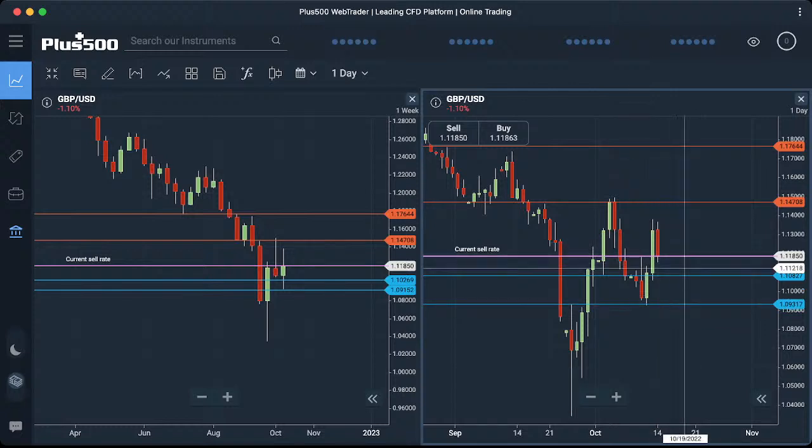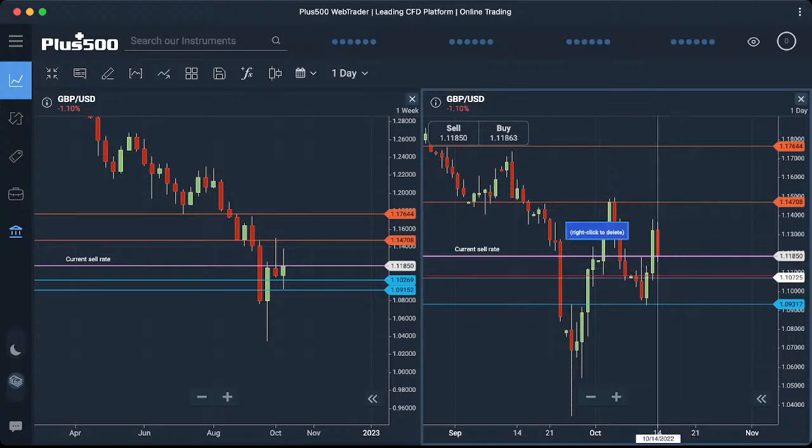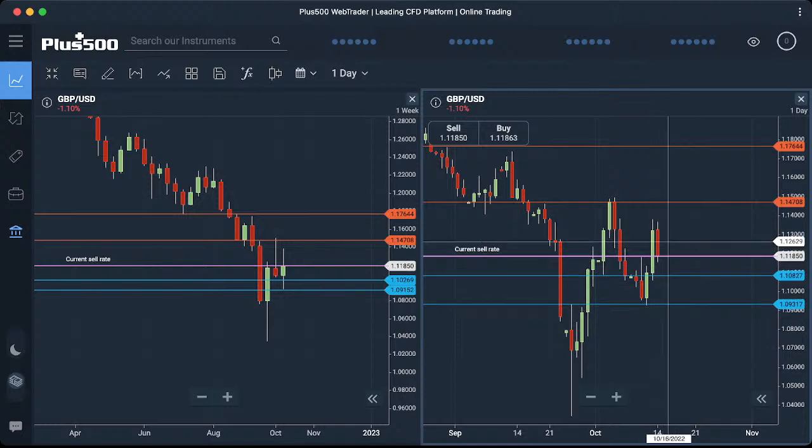So what we are aiming for at the beginning of the week is some kind of correction, manipulation phase to the downside, maybe to complete this retest of this bullish order block, or even on Monday we can see some kind of price action to the upside.